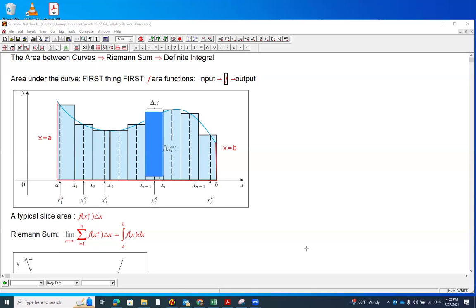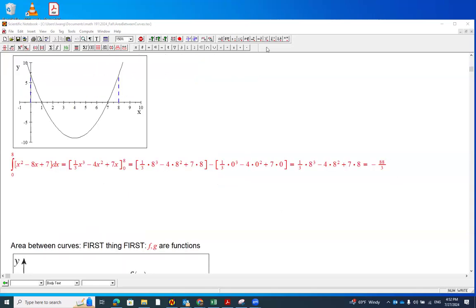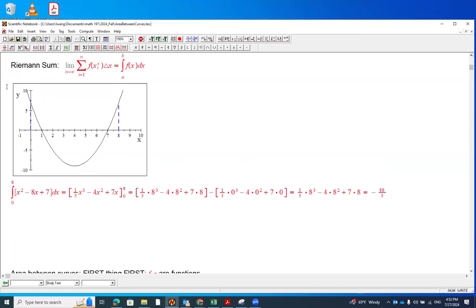Now let's look at an example that we did before. I call it example number 1.